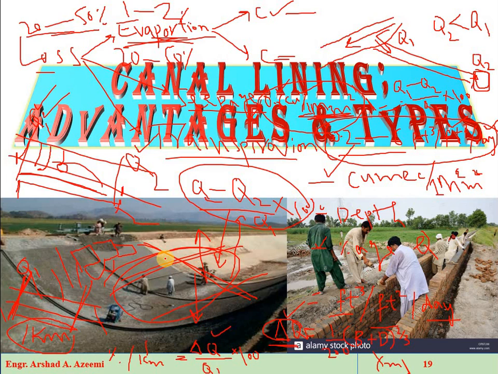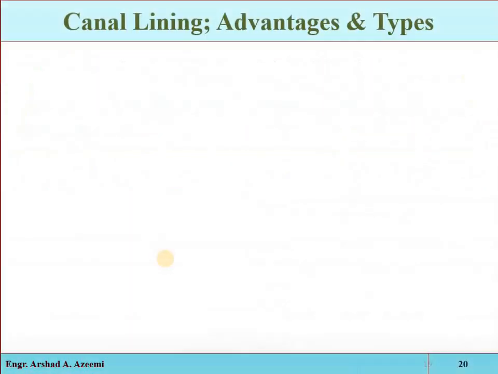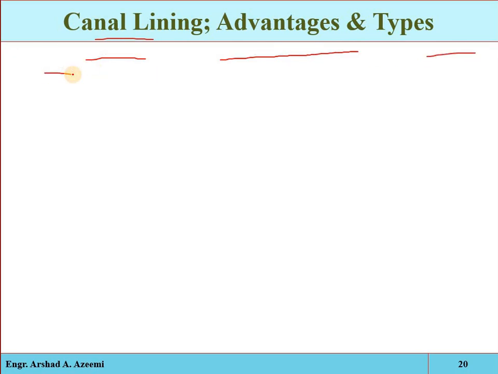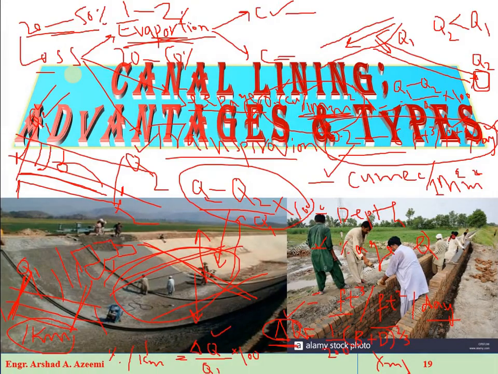Now, as we have discussed, canal lining is basically the treatment provided to the canal bed and banks to make the canal section impervious. Losses occur when the canal section is pervious, when it is in its natural condition.